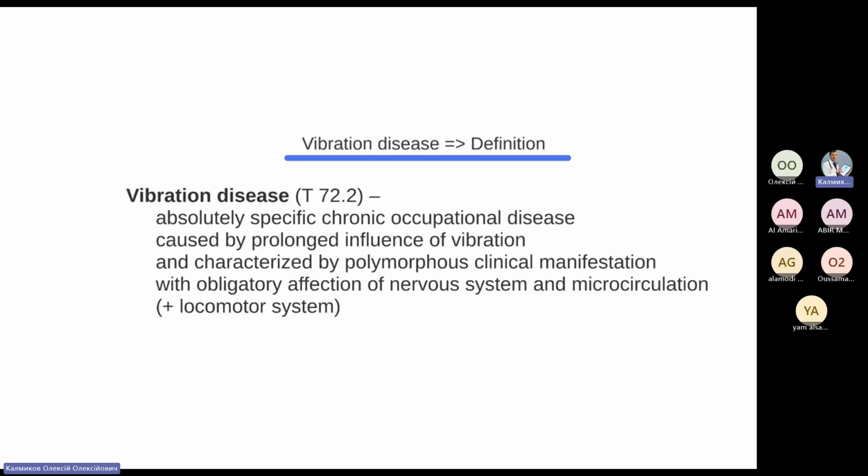First, the nervous system. Second, microcirculation. These are the two obligatory ones. And the third one, affection of the locomotor system, is optional. In some cases it is present, in some absent, in some more expressed or less expressed.